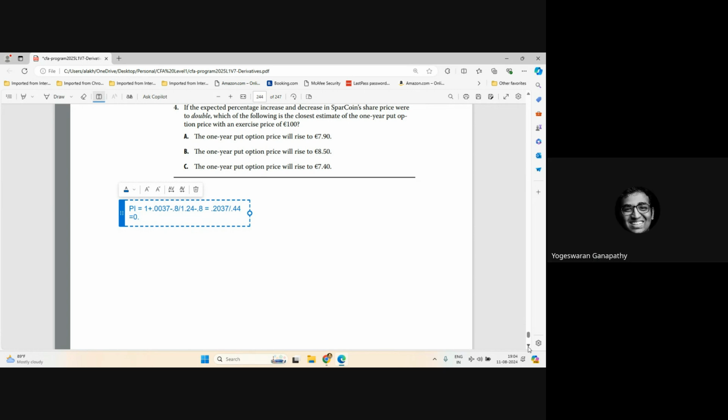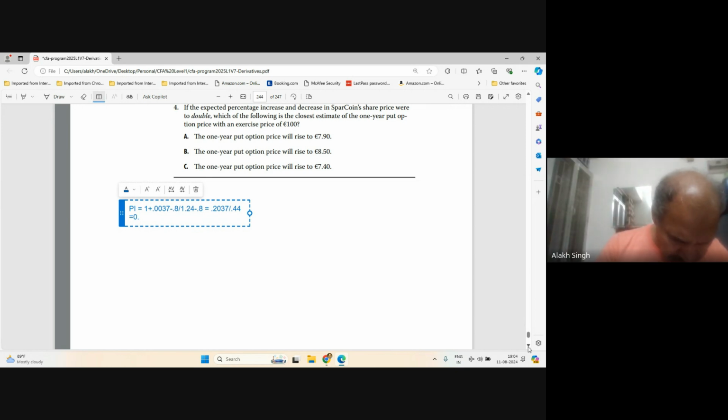So this is equal to 0.462, which means 0.46. Okay, so we got pi.